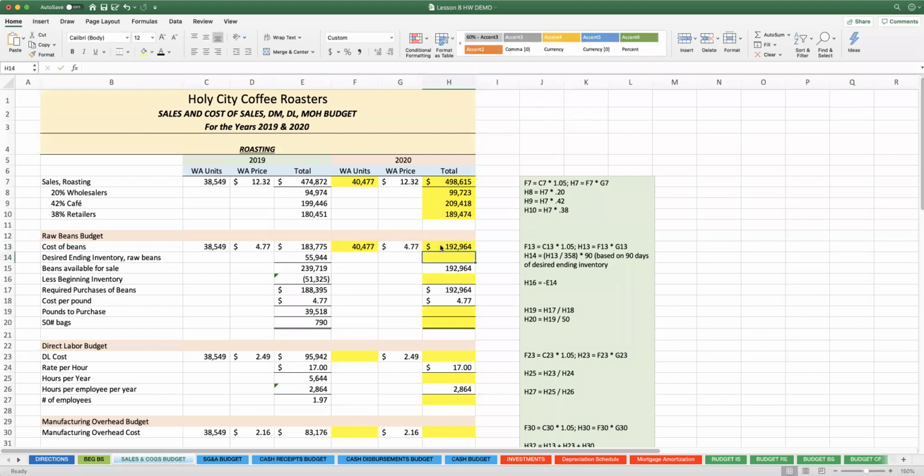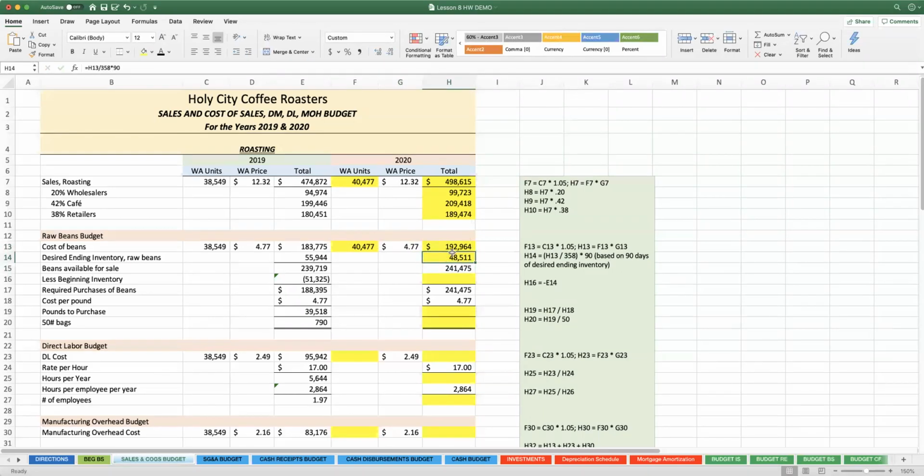Okay. So now, the desired ending inventory for raw beans, remember our assumption is 90 days. So based on 90 days of desired ending inventory, that's our assumption, we can take that cost we have here, divide by 358, remember, because that's what this business is working off of, and then multiply that times 90.